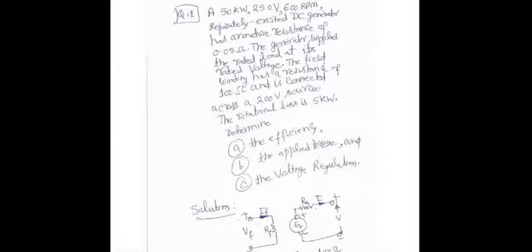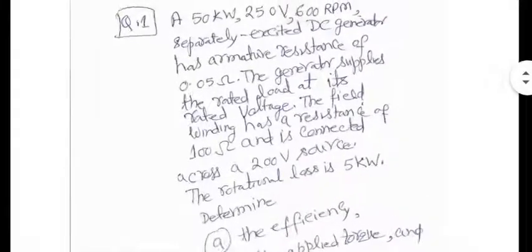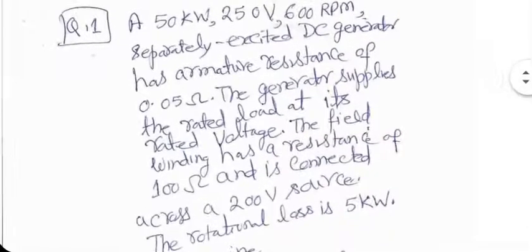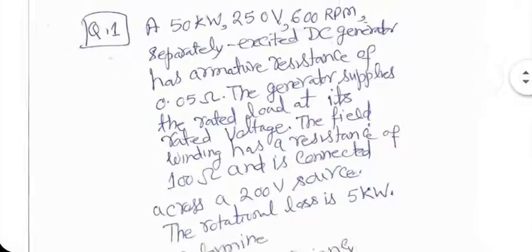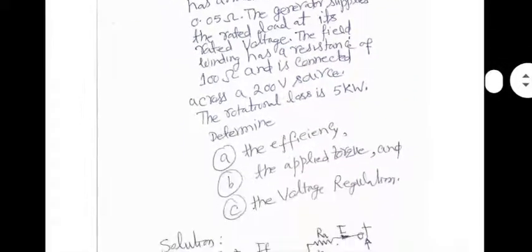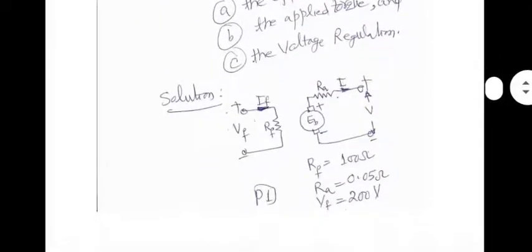Output power is obviously 50 kilowatt. It's given to you that the machine is operating at its rated load. These are the values pointed out here again.